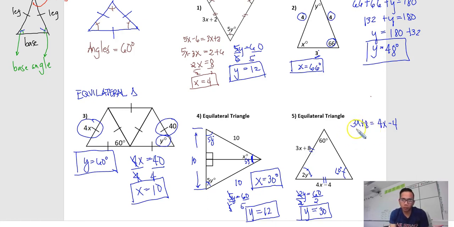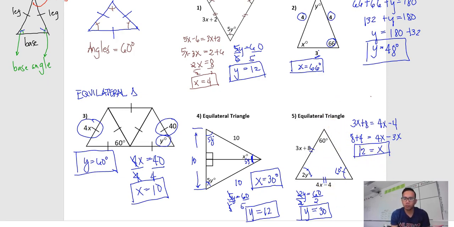So, we have 8 plus 4 is equal to 4x minus 3x. 8 plus 4 will give us 12. And 4x minus 3x is just x. So the value of x is equal to 12, because it's an equilateral triangle.